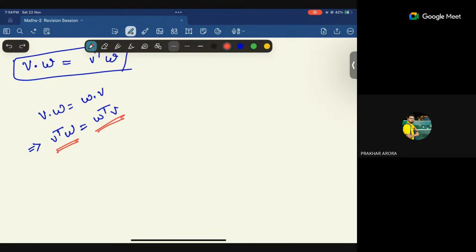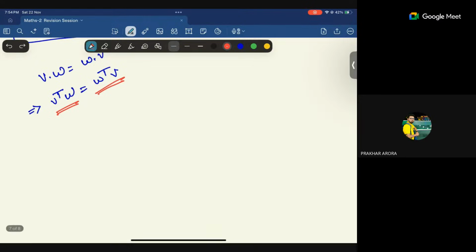Now one thing you should know is orthogonality. If v dot w is equal to 0, that implies v is perpendicular to w.